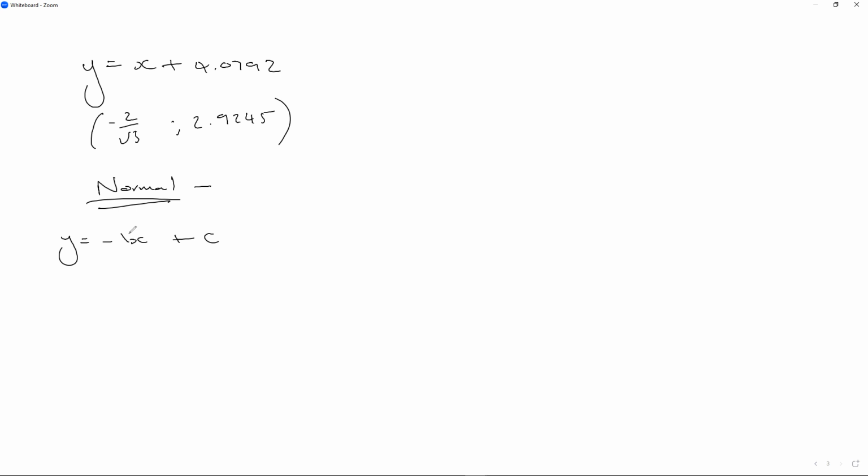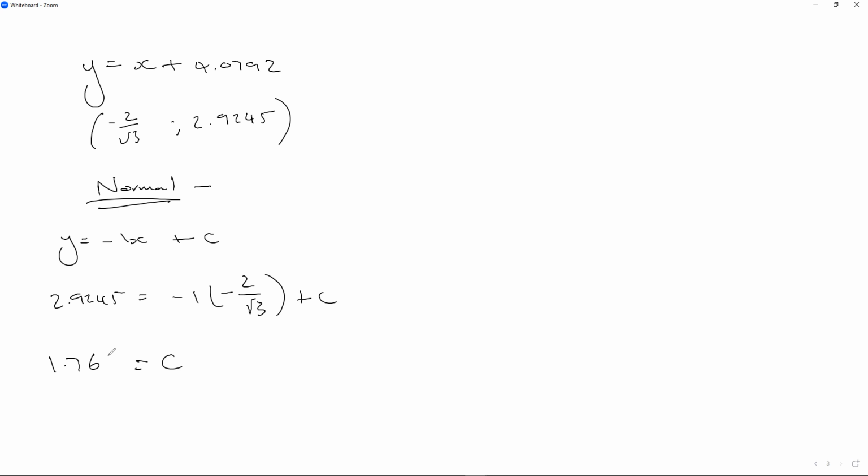And now I'm repeating that entire process, but this time I've got a negative x there. So 2.9245 equals negative 1, negative 2 over root 3 plus c. 2.92. I'll try and do this in good speed for practice. And 2 over root 3. And it is a big time waster because it's stuff you know, but you have to do the grind.